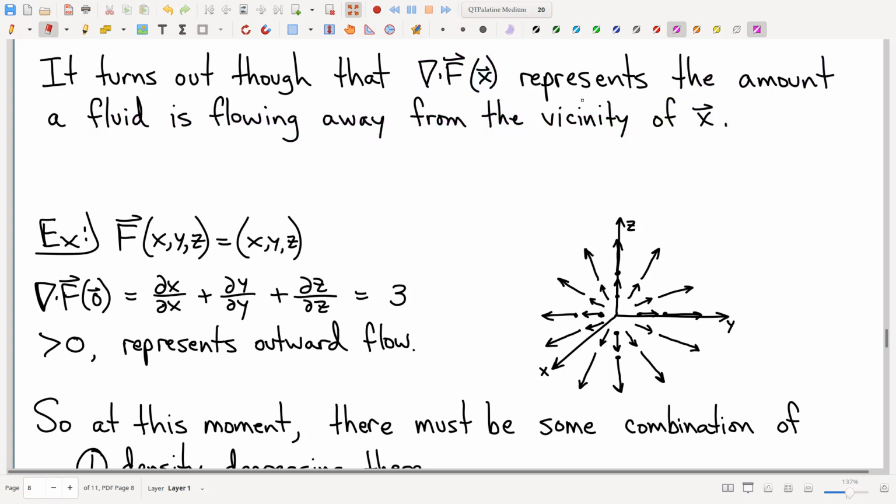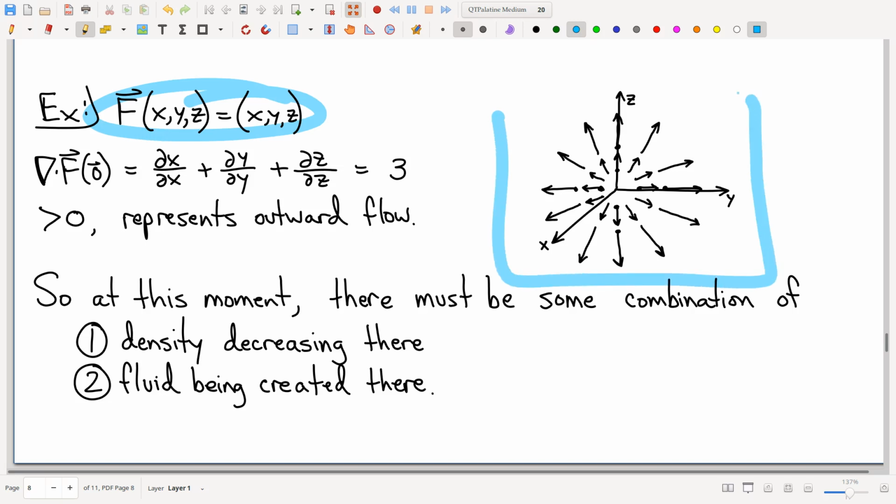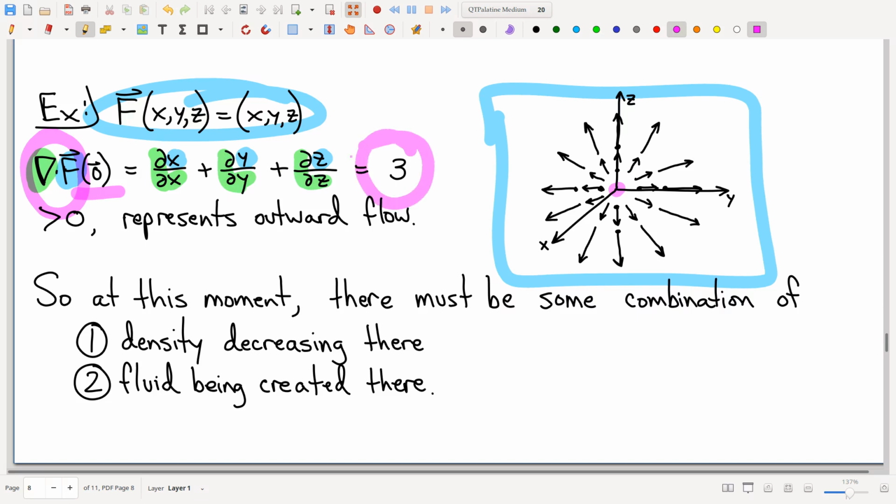So an easy example, just to see this in action. This doesn't prove anything, but it at least tracks with the claim that I just made. Here is a vector field. This is what that vector field looks like. Y'all may recognize that from early in the lecture. If you take this vector field and compute del dot, namely the divergence of this vector field, that divergence evaluated at the origin is 3, which is positive.